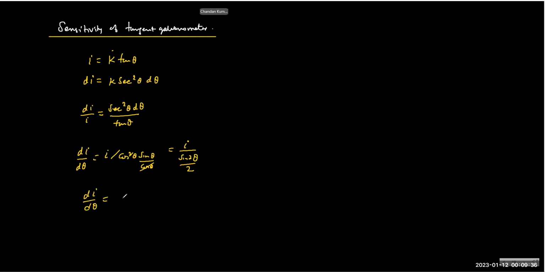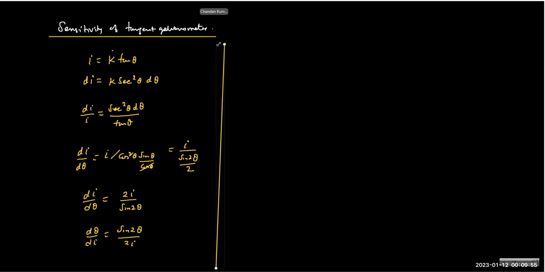Sir, current sensitivity is d theta by di, sir. Yeah, I'm going to reverse it. So d theta by di is how much? So the current sensitivity is deflection per unit current, right?